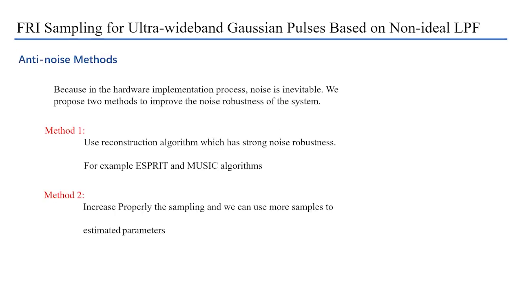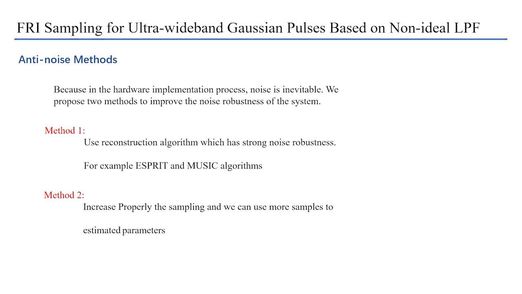Because noise is inevitable in the hardware implementation process, we proposed two methods to improve the noise robustness of the system. Using the ESPRIT and MUSIC algorithms, which have strong noise robustness, gives better anti-noise performance than the annihilation filter algorithm.